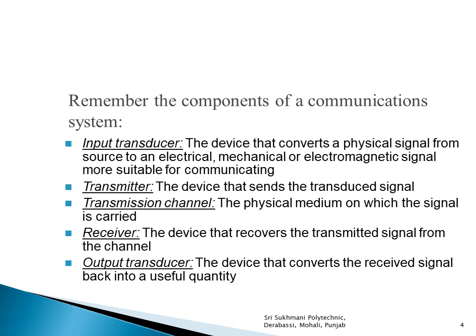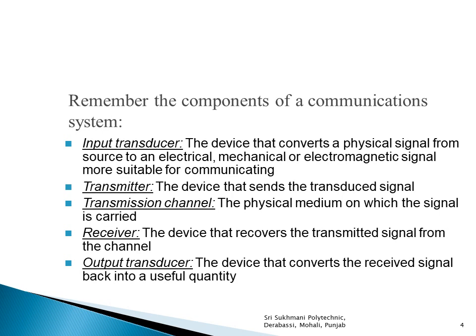The medium can be a wired medium or a wireless medium. For mobile, it is wireless, but sometimes we have a wired medium. For optical, it is a wired medium. Then the receiver. It is a device that recovers the transmitted signal from the channel.